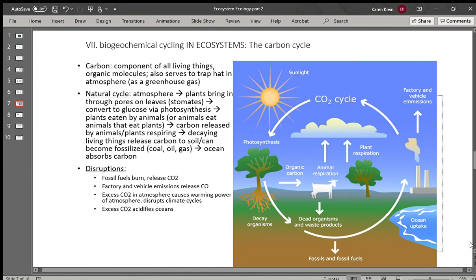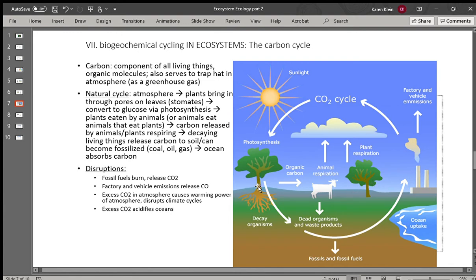Or plants will go through stages throughout the day where they will release carbon dioxide. Now, usually in photosynthesis, they're taking carbon dioxide in and then releasing oxygen into the atmosphere. But plants do undergo respiration where they release carbon dioxide back into the atmosphere.